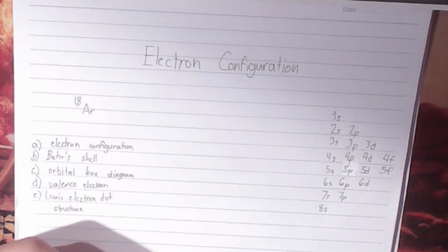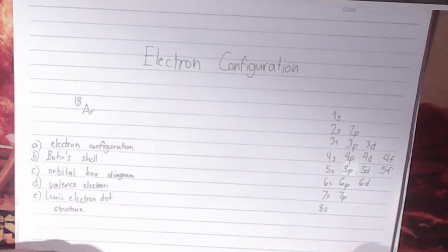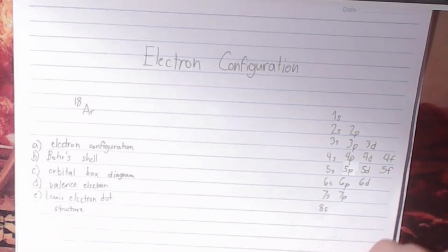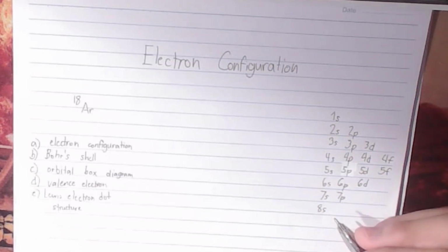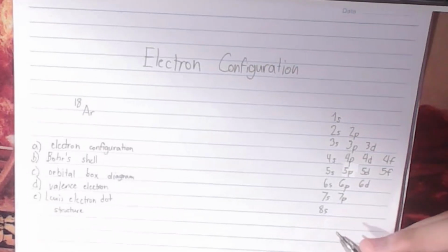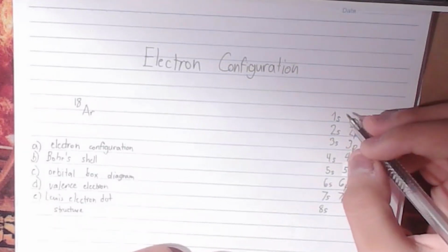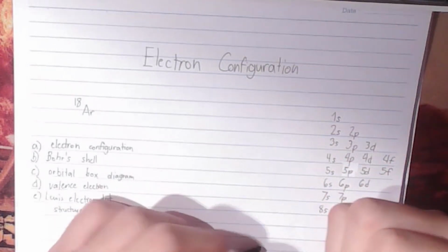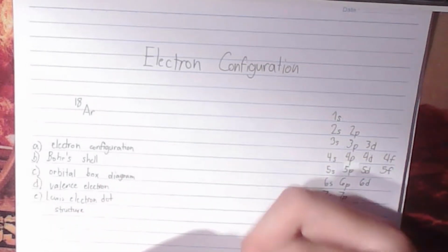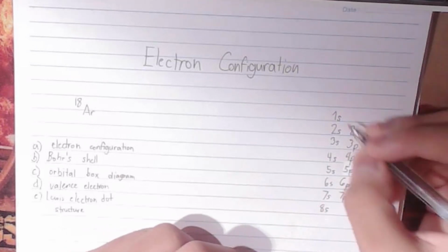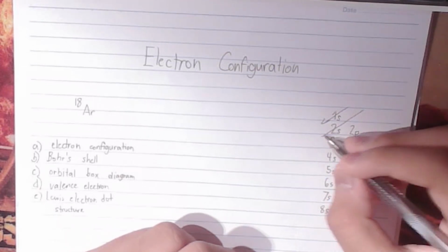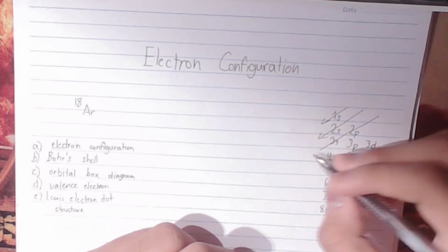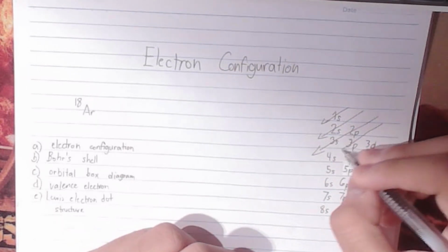There is one specific rule that we need to follow, which is the Aufbau principle, and it states that we have to go from lowest energy level to highest energy level, basically. So here is the order in which you need to write it. You go from 1s to 2s, 2p and 3s, 3p and 4s.